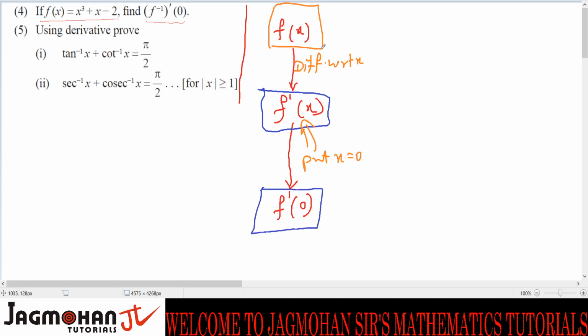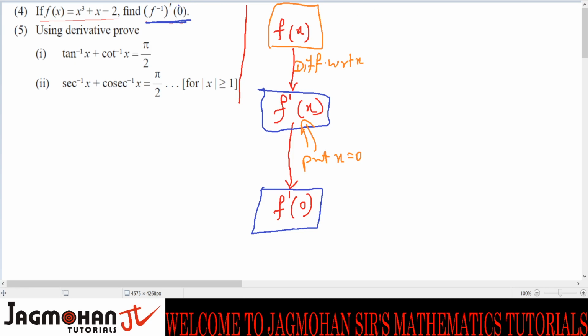Okay. So once you have understood this, the question which they are asking you, you will understand much better. In this, students, we have to find f inverse dash x and then f inverse dash 0.